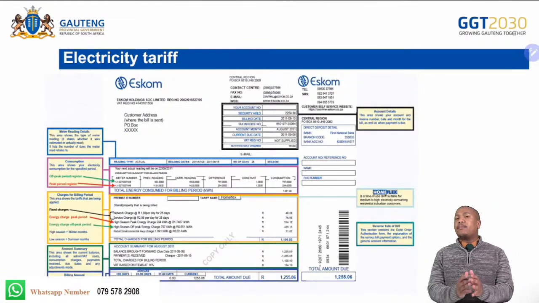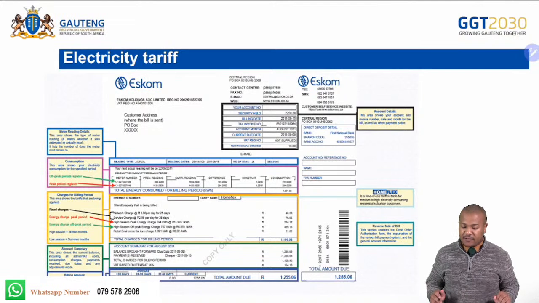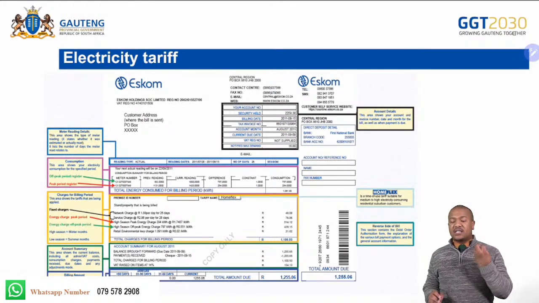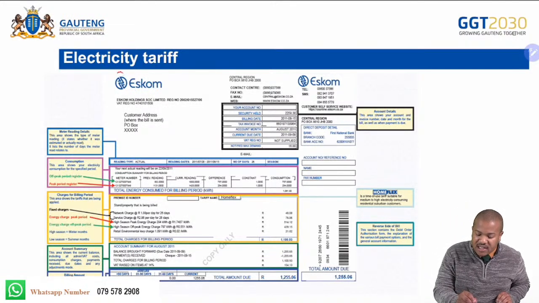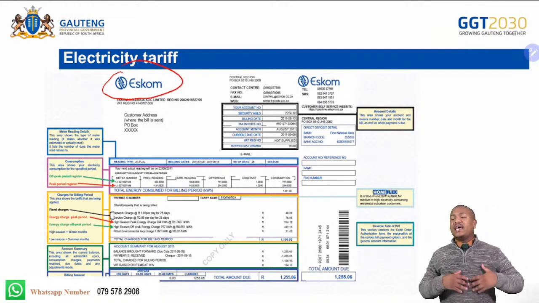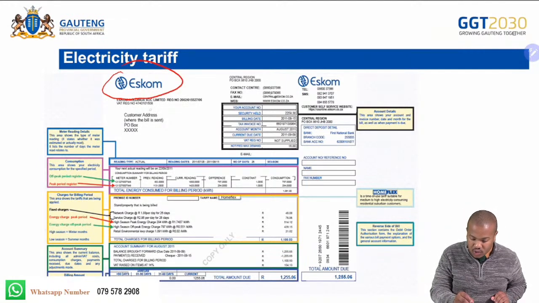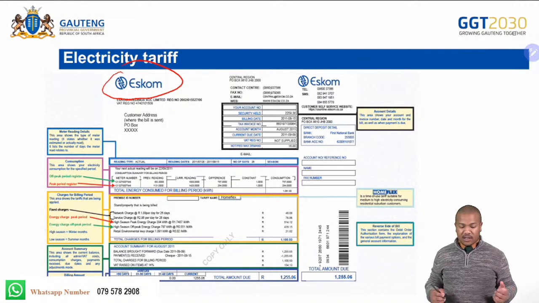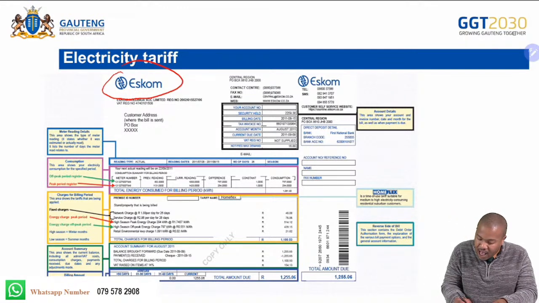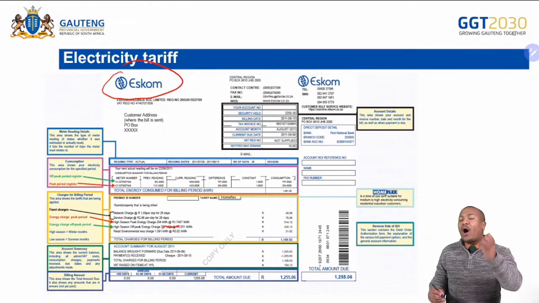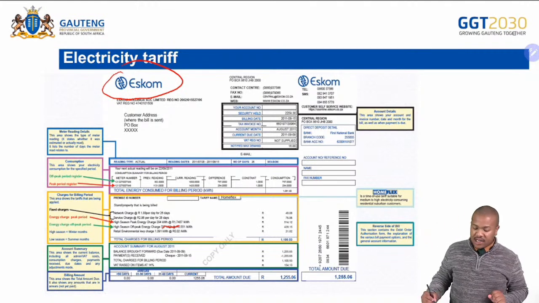So here is an example of an electricity tariff. Usually an electricity tariff has the electricity provider, the address of the household, the registration number, the meter number, and all the information you need to know in terms of how much they charged you and why they charged you for that.